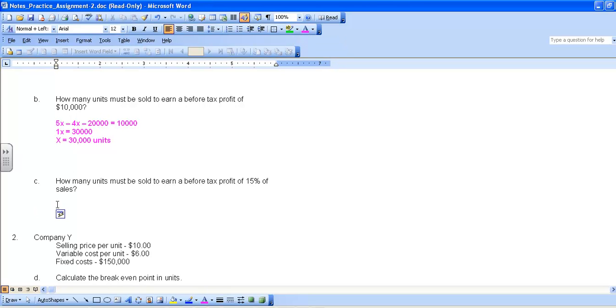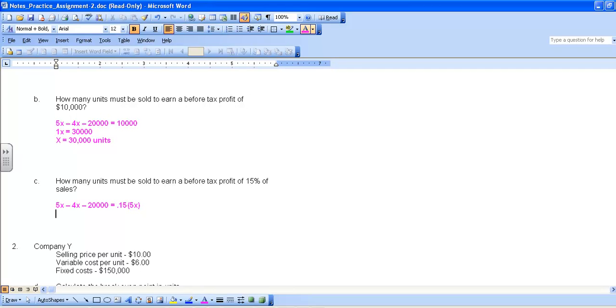And the last one, how many units must be sold to earn a before tax profit of 15% of sales? So we have 5x minus 4x minus 20,000 equals 0.15 of sales, which is 5x. So we have 1x minus 20,000 equals 0.75x.